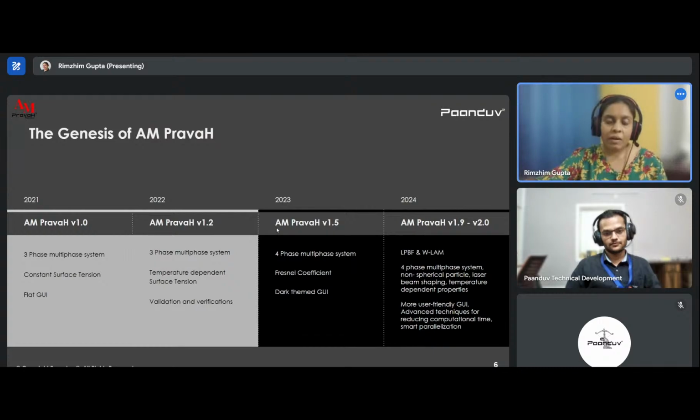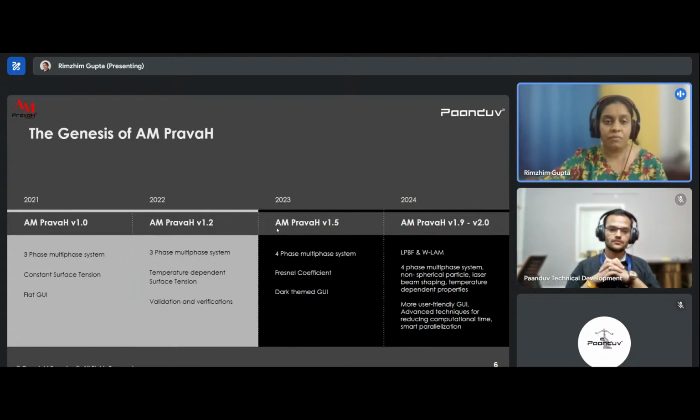Now let's go back in time a little bit, to 2021 when we started developing AM Pravah. We started with a three-phase multi-phase system, and we used a constant surface tension analogy there, and we developed a flat and very simple GUI for our users, and we are thankful to the people who trusted us with this version.